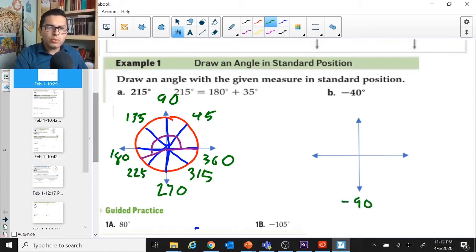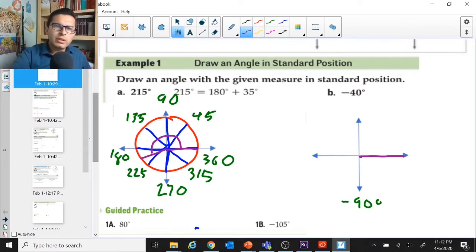We know a quarter turn around a circle is 90 degrees, but now we're going in the opposite direction because we're dealing with negative degrees or negative angles. So negative 40, again, we know where the initial side is going to be. That's always going to be that arrow facing to the right. But where is the terminal side going to be? Well, it's not quite all the way to 90, so it has to be less than 90.